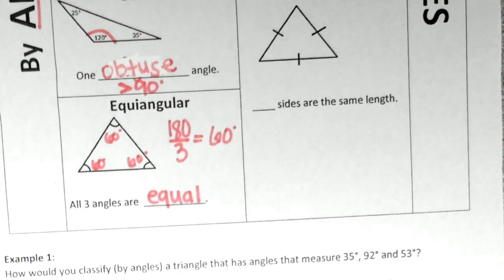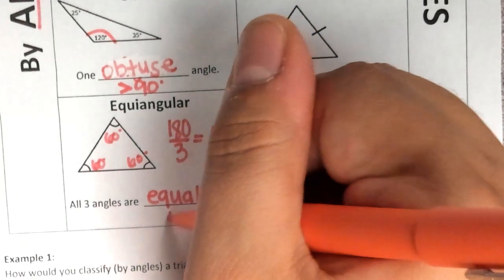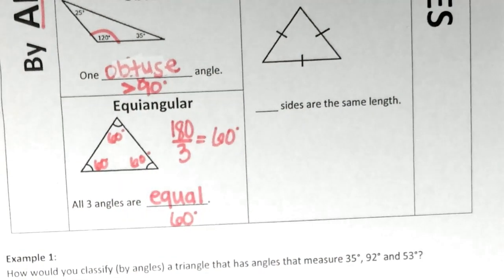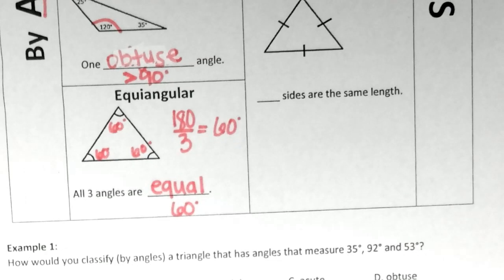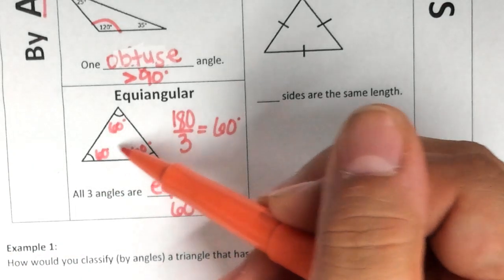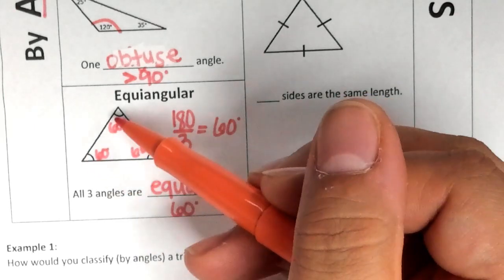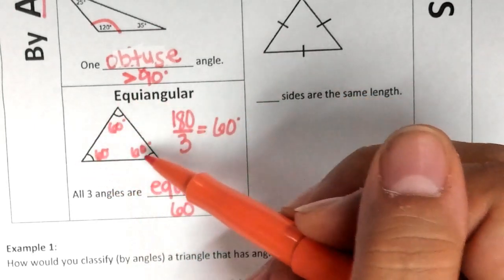So you know what I always tell my students? Have you ever heard of the Illuminati? What is the symbol for Illuminati? A triangle. Why? Because everyone's equal. What is each angle? 60.